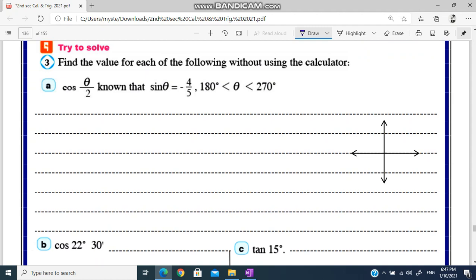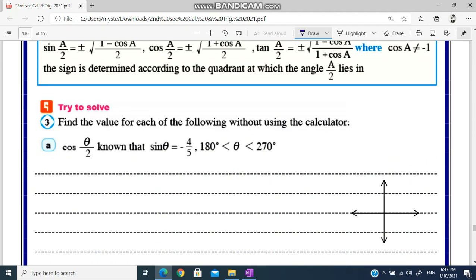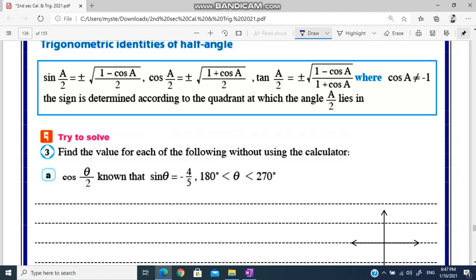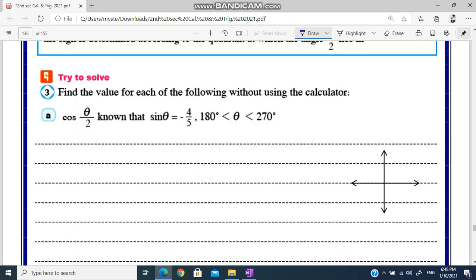Find the value for each of the following without using a calculator. Cosine theta over 2, knowing that sine theta equals negative 4 over 5. So we will use the first rule. Sine theta is negative 4 over 5, so theta is in the third quadrant, theta between 180 and 270.